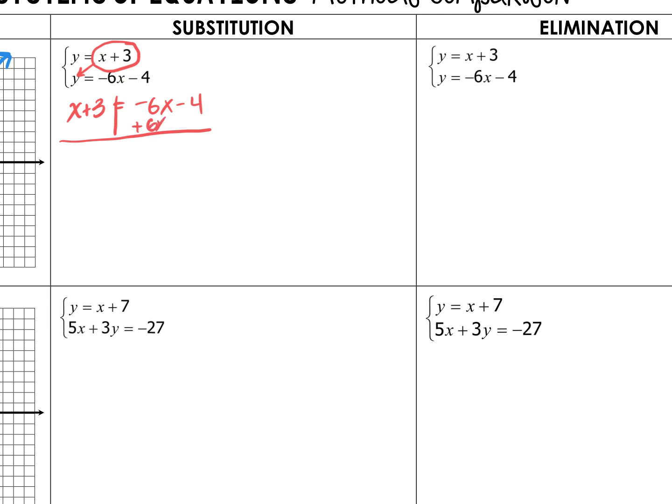I'm going to add 6x to both sides. So I have 7x plus 3 equals -4. I thought x equals -1. And I think you're right as well. So 7x equals -7. You divide both sides by 7 and you'd end up with x equals -1.